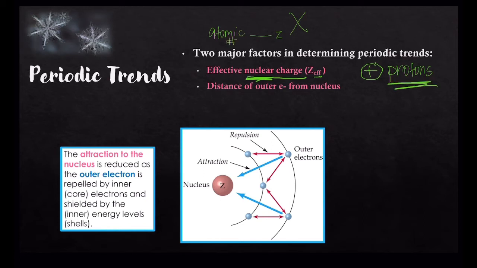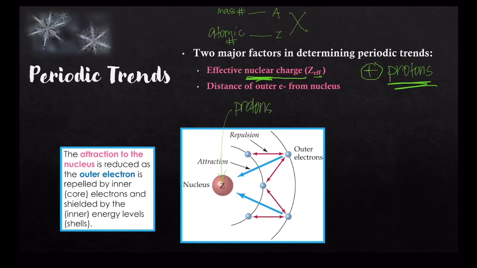And we would use A up here at the top in the nuclear notation to represent the mass number of an element. So the greater the atomic number, the greater the number of protons in the nucleus. So Z with EFF next to it represents the effective nuclear charge, and just plain Z represents the number of protons.